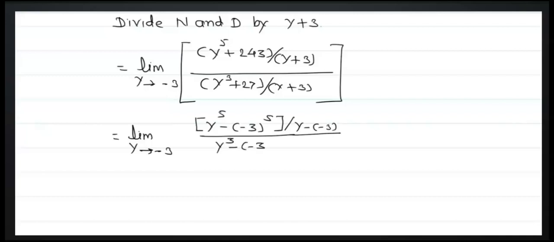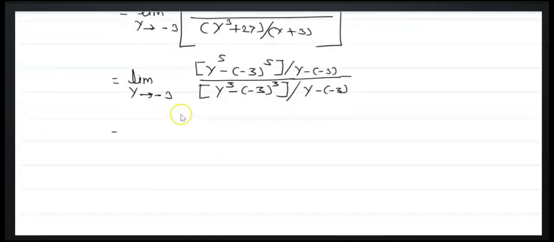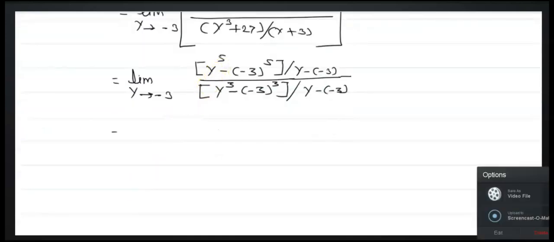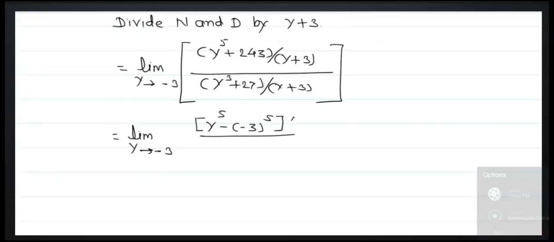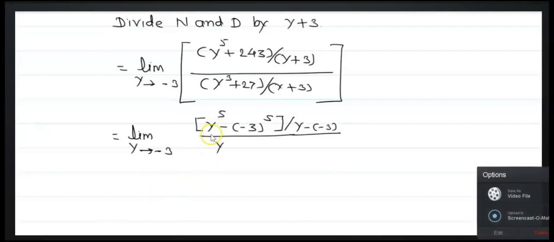Now how I have written it, I will explain now. In the case of the numerator, that is y raised to 5 minus (minus 3) raised to 5. (Minus 3) raised to 5 becomes minus 243, and minus minus becomes plus. That is, plus 243.